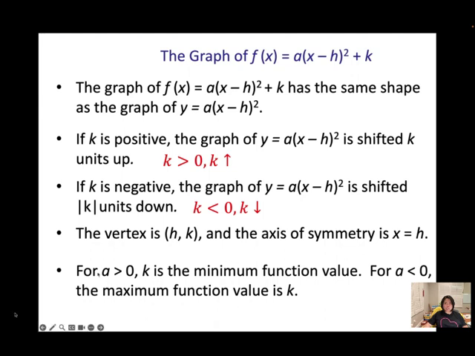And when a is greater than 0, the graph is going to be upward, right? When we have an upward graph, we have the minimum function value. But when a is a negative number, the graph is going to be downward. When we have a downward graph, we have the maximum function value, which is k.